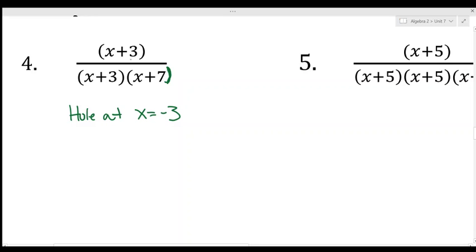So you're just going to do the opposite sign. That's a quick way to do it. Now we have one on the top and one on the bottom. That's why it's a hole. Now we only have x plus 7 on the bottom. So that means it's going to be a VA. And if it's a positive 7 here, when we set it equal to 0, it becomes a negative 7, okay?